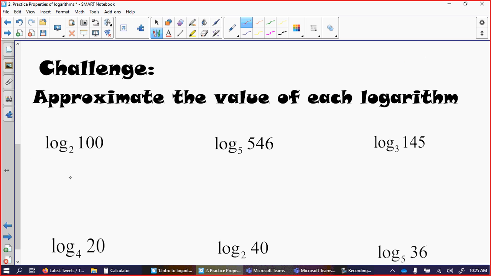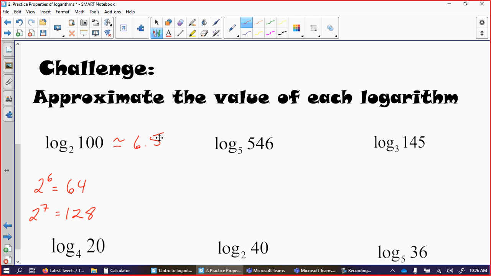It's an approximation. 2, 4, 8, 16, 32, 64. 2 to the 6th equals 64. 2 to the 7th equals 128. 100 is somewhere in the middle. So 6.5-ish.